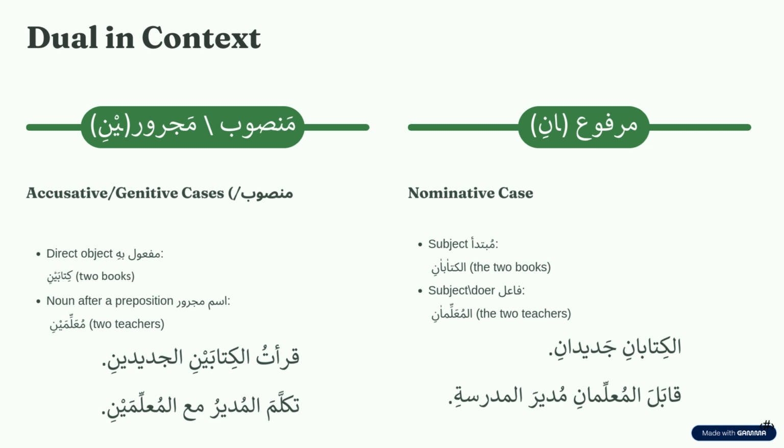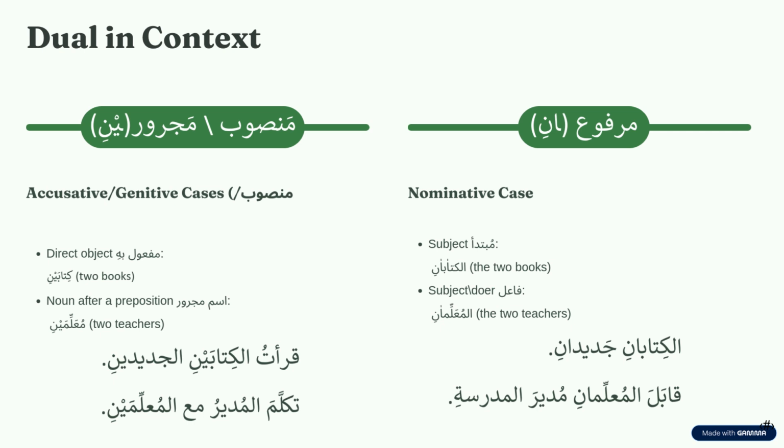If it was singular, I would say كتابا and make it منصوب. But now because it's dual, it takes aini instead of فتحة or فتحتين. It's taking this whole combo of ending, not just حركة, فتحة, ضمة, or كسرة we put at the end of the word. Now it's a whole combo, two letters. And as you can tell, it's always ni.